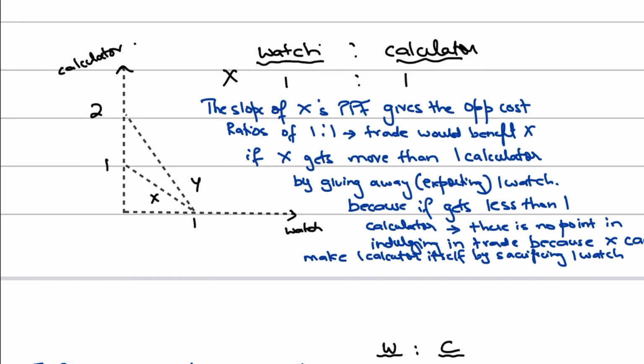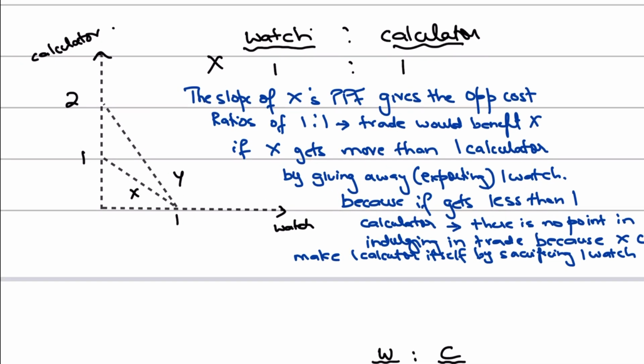So for example, we know that if country X makes one watch, it has to forgo one calculator, right? And this is exactly what the slope is telling us. We've already seen it in the above diagram, that the slope of X's PPF is giving us the opportunity cost ratio of 1:1, right? And we need to understand that it would be beneficial for X to trade with Y only if X is getting more than one calculator by giving away or exporting one watch.